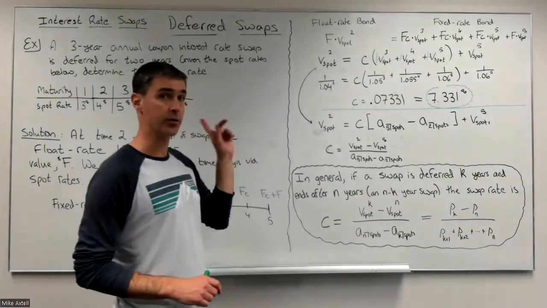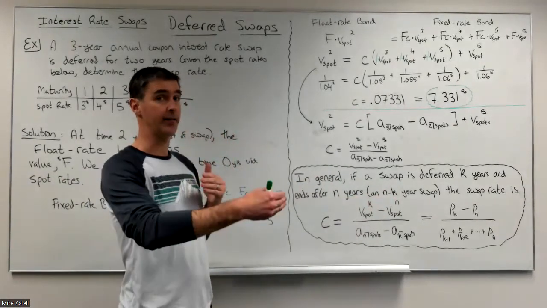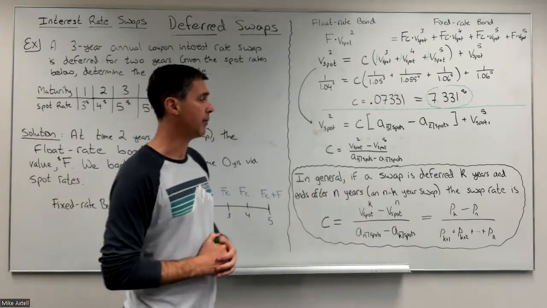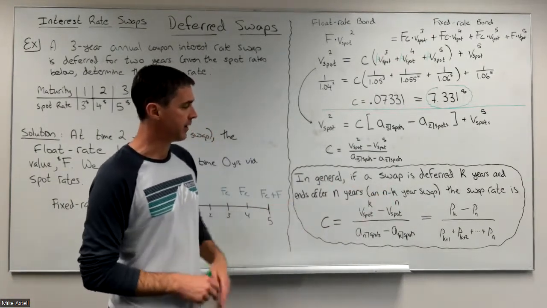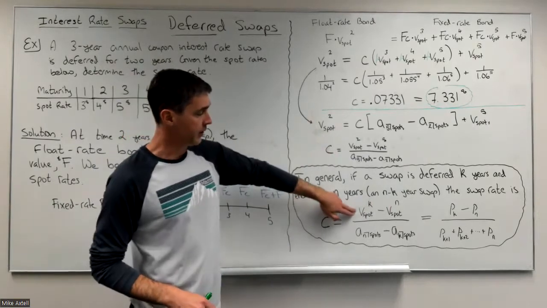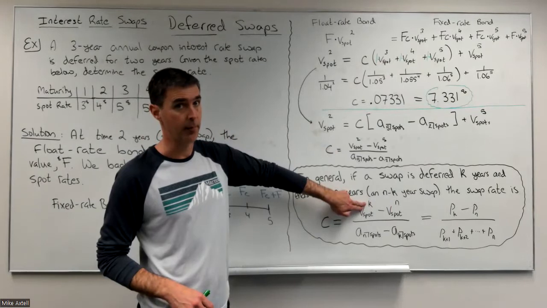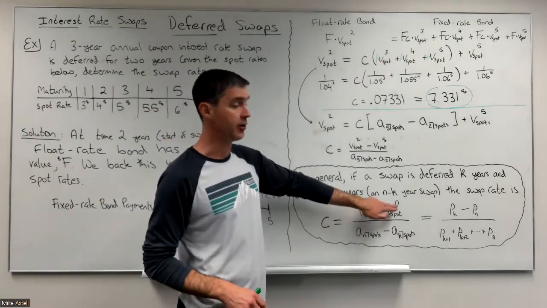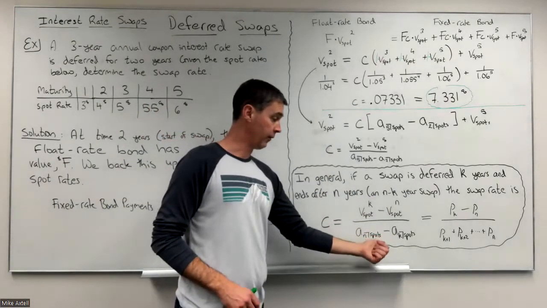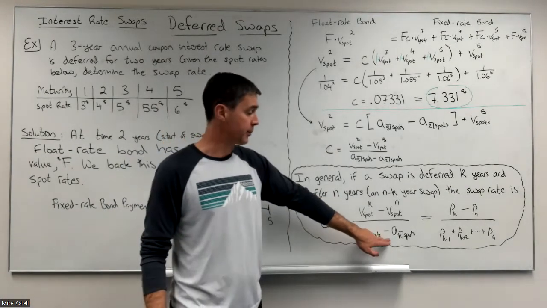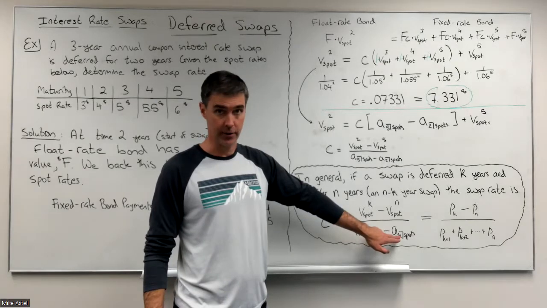Ours was deferred 2 years and ended after 5 years because it was a 3-year swap. Then the swap rate C is given in general as V spot K years when the interest rate swap began, minus V spot N years when it ended, all over the present value of an annuity immediate for N years minus the present value of an annuity immediate for K years.